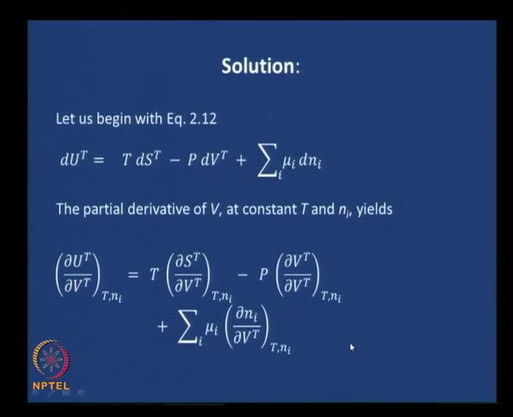Continue further, we are looking at (∂U^t/∂V^t) at constant T, n_i. Look at these terms here and see what you could do to get it in terms of measurable quantities. Take another 5 minutes or so.